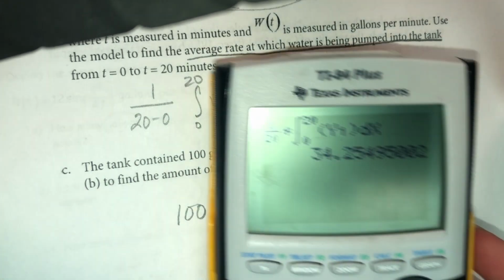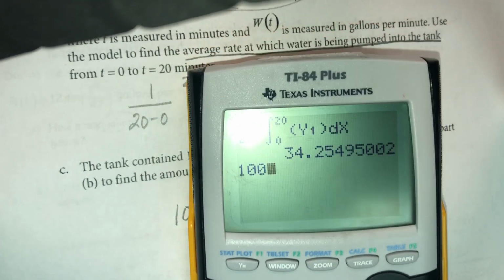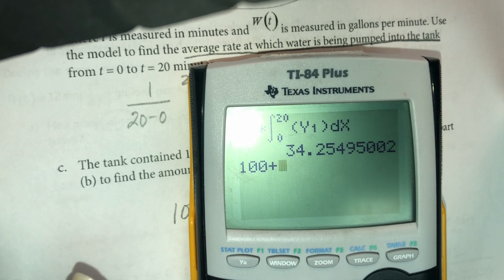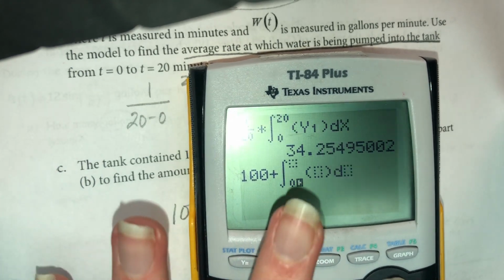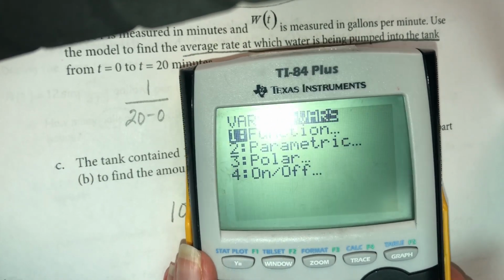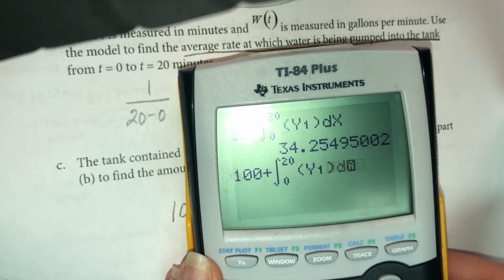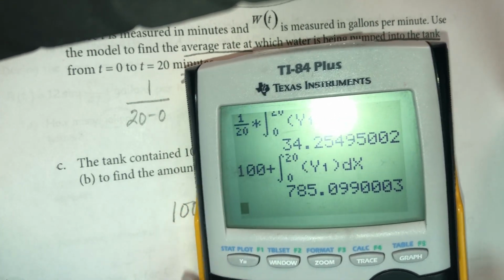So real similar to what we just did here, but not 1 over 20. We're going to go 100 plus alpha window number 4, 0 to 20 of vars y vars function 1 dx. 785.099.